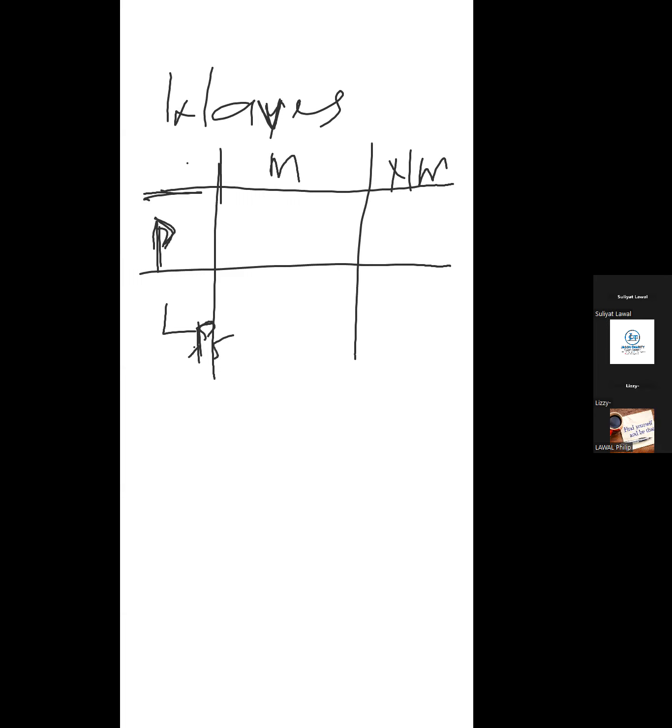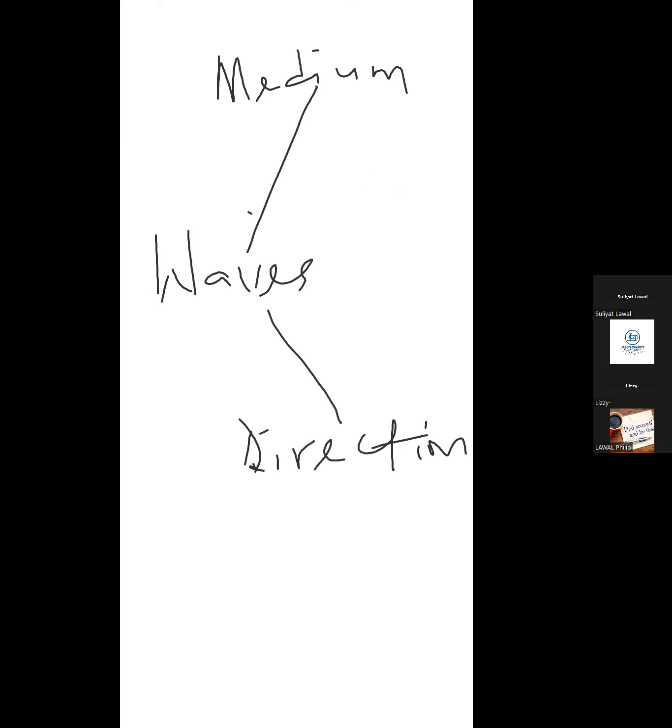Let me just go to the previous slide. Let me discuss this at length before I move on to that table. If a wave requires a material medium for its propagation, you say it is a mechanical wave. Note that mechanical means something needs to transport it from one part to another.